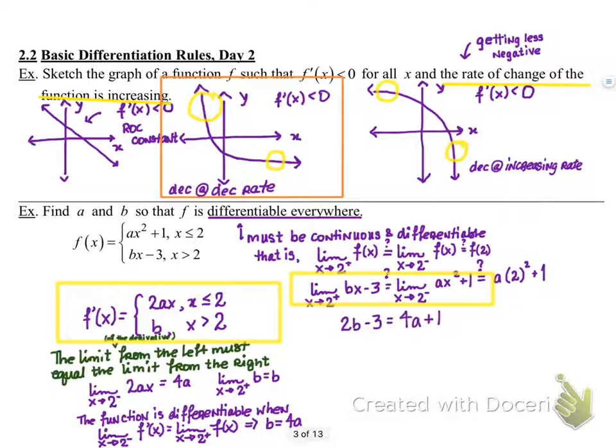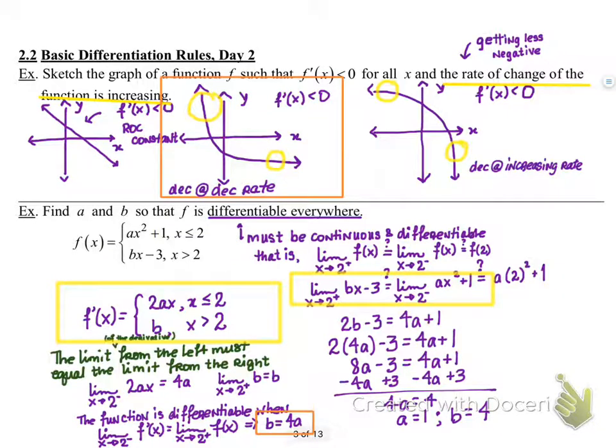So we can see that in order for it to be continuous, 2b minus 3 must equal 4a plus 1. Well, we already know what b is. So let's go ahead and use that information and replace b with 4a to solve for a.